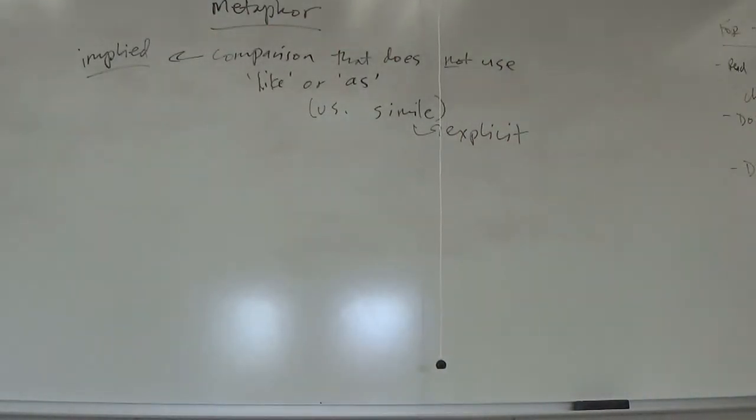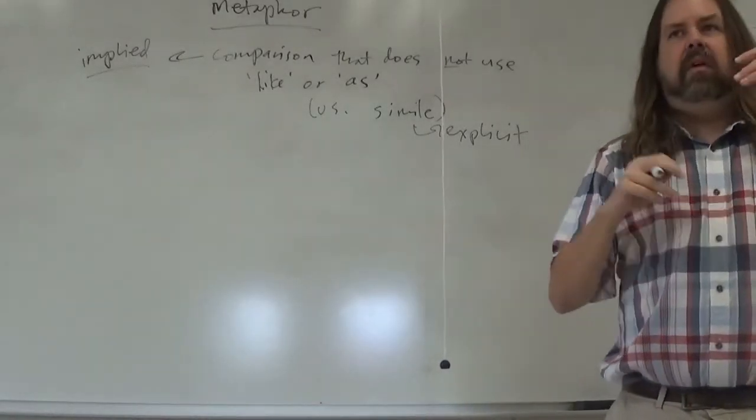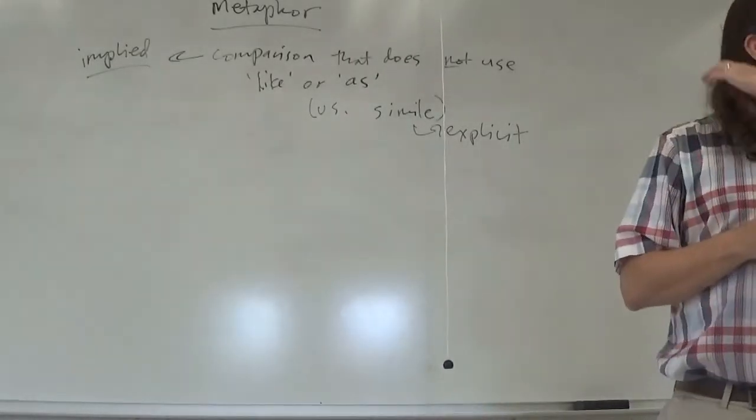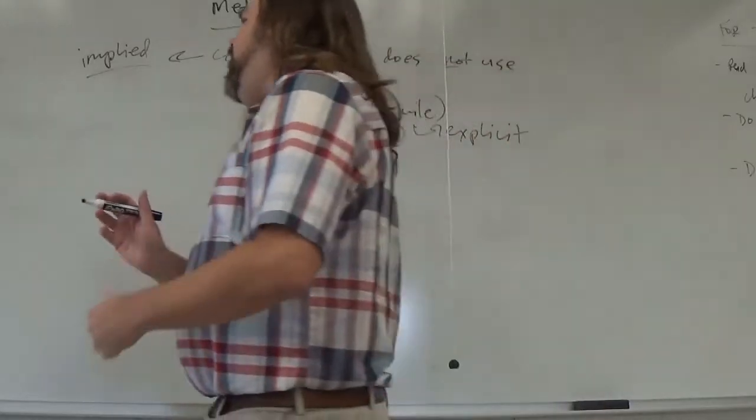It's kind of like the difference between a syllogism and an enthymeme that we just talked about. The syllogism gives you all the explicit steps laid out, whereas the enthymeme only implies some of them. So a metaphor is an implied comparison. And again, metaphor is all over the way we talk, whether we realize it or not.